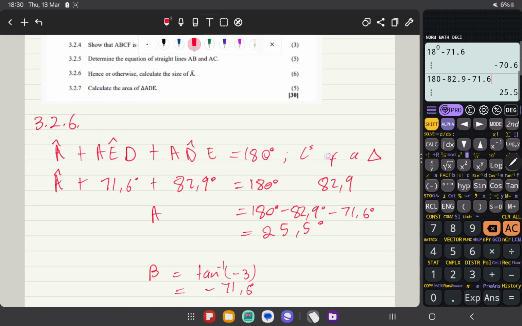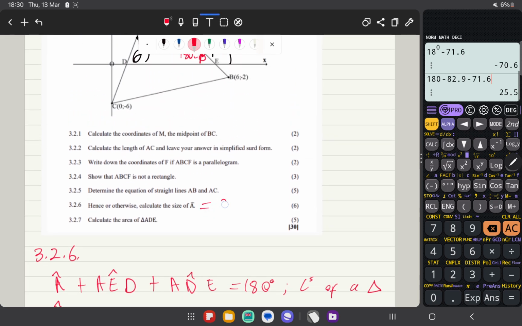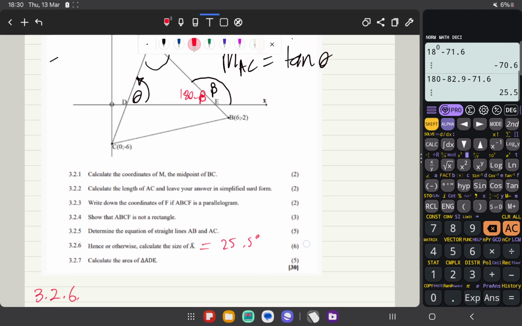That means this angle A is 25.5 degrees.